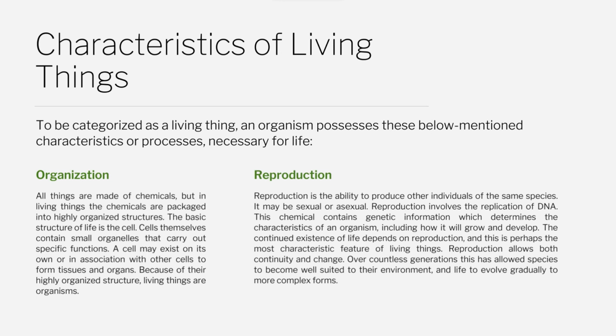The basic structure of life is the cell. Cells themselves contain small organelles that carry out specific functions. A cell may exist on its own or in association with other cells to form tissues and organs. Because of their highly organized structure, living things are organisms.